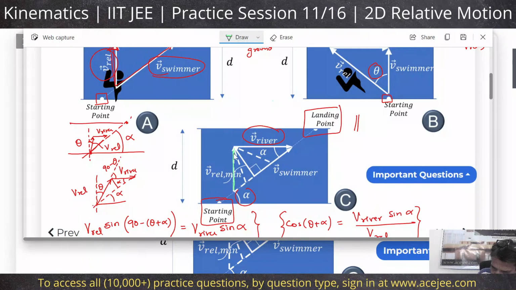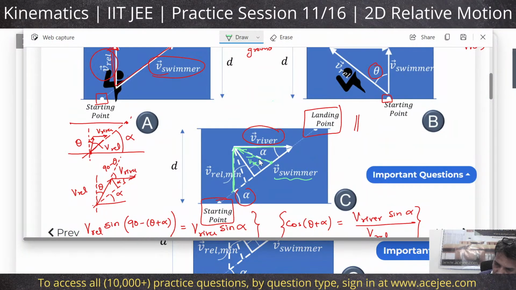He can start to swim off in a direction perpendicular to the shore, and then relative to the river, plus V river, that will get to the same landing point. Or he or she can travel this way. Again, the vector sum of this V relative and V river will still give you V swimmer in this direction, right?